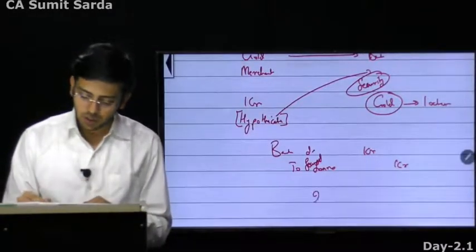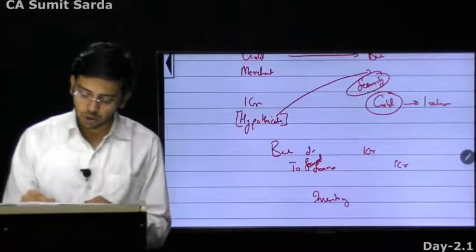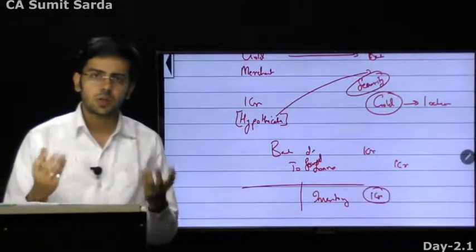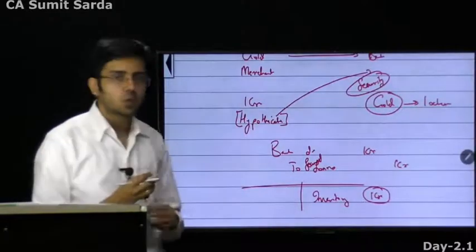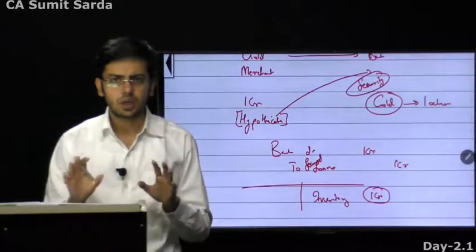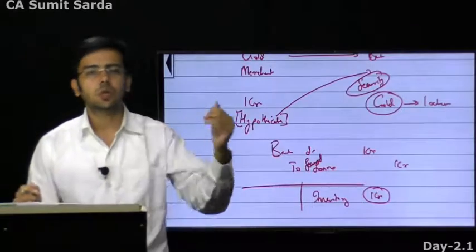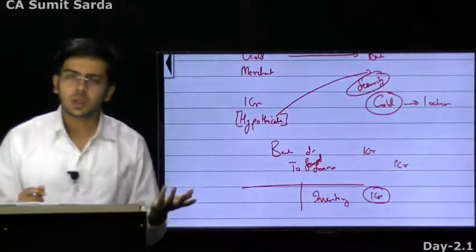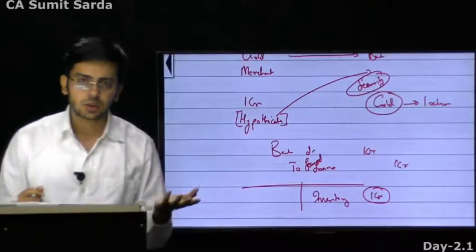That means this inventory is still reflecting in the books of the merchant for 1 crore rupees. Whenever we give something as security to another person, we don't de-recognize such an asset from our books, correct?